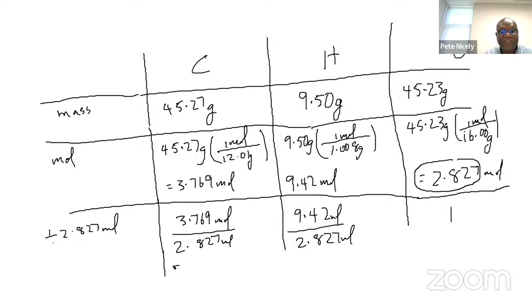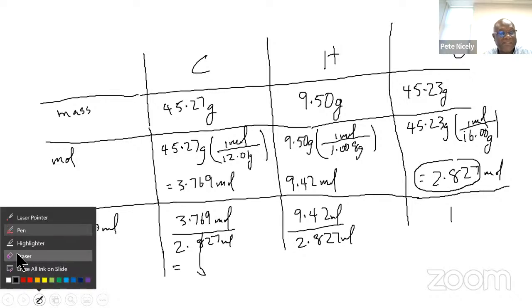So again, we need to work out this part here, 3.769 divided by 2.827.